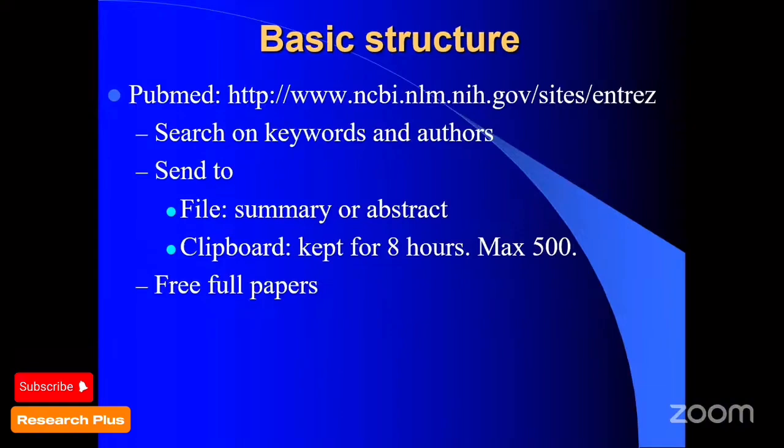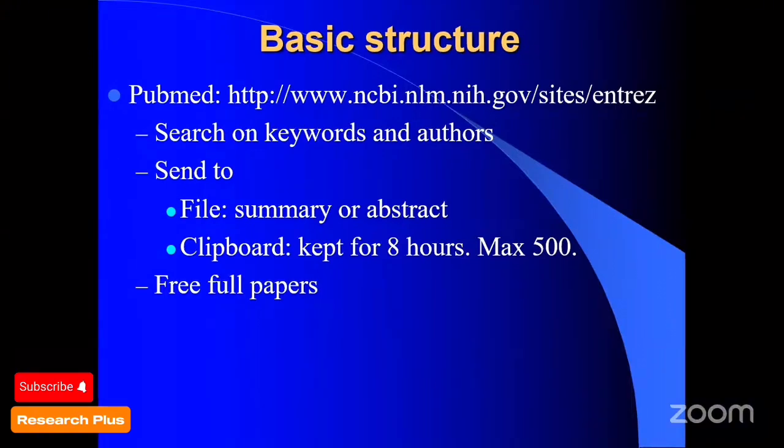For literature search, one of the commonest sites that I would recommend, and where many people start, because there are a lot of free summary abstracts of papers that you can access, is PubMed. I've provided the website there. You can also just Google PubMed, and it will take you to the link where you can search for keywords, authors, and titles of papers related to what you are working on.